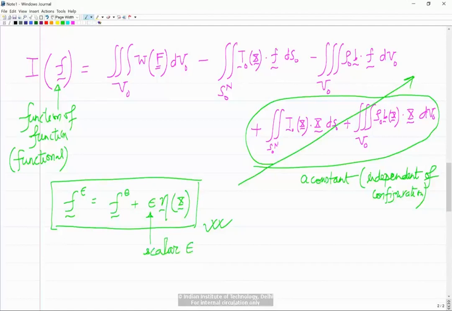When you think of minimizing the energy functional with respect to function through this approach, you can now think of minimizing this with respect to scalar epsilon. And this is something you know how to minimize. You just have to set the derivative of the function with respect to epsilon equal to 0, isn't it?